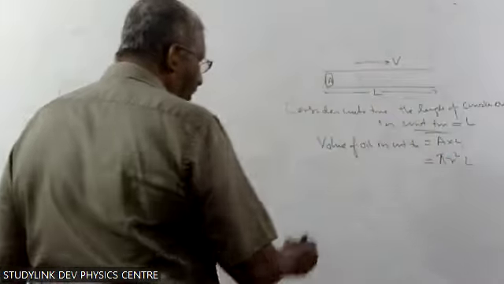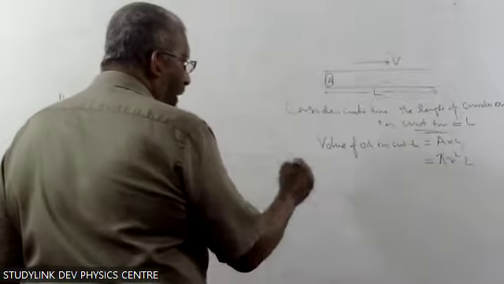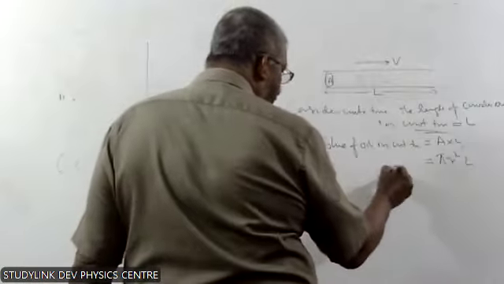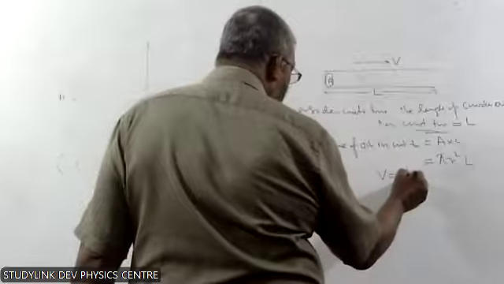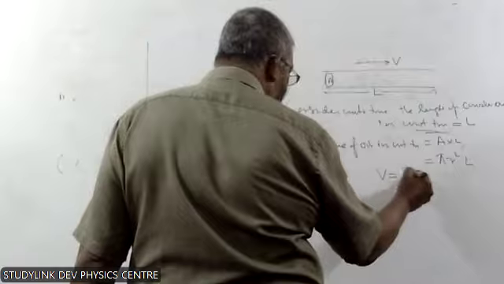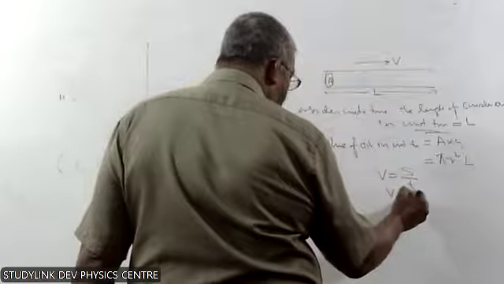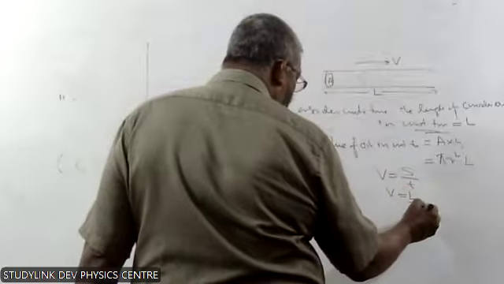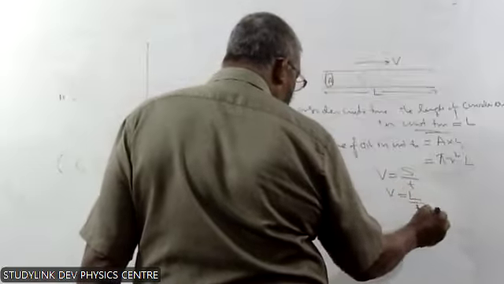For unit time, velocity is equal to length s divided by t. So V is equal to S is L, time is 1, T is equal to 1.